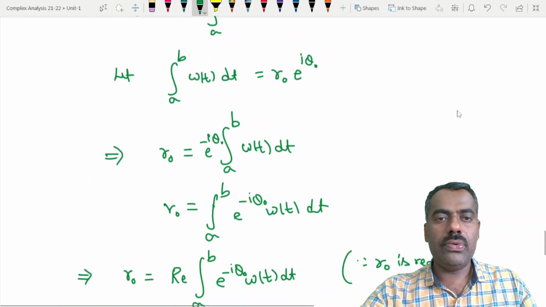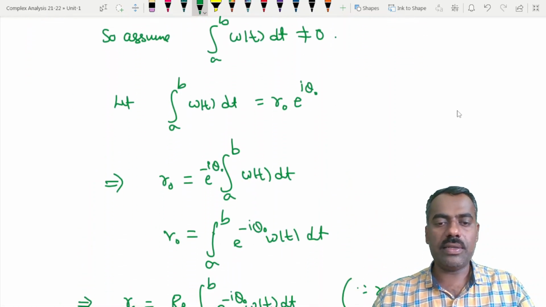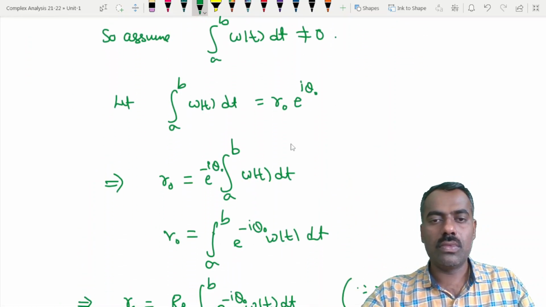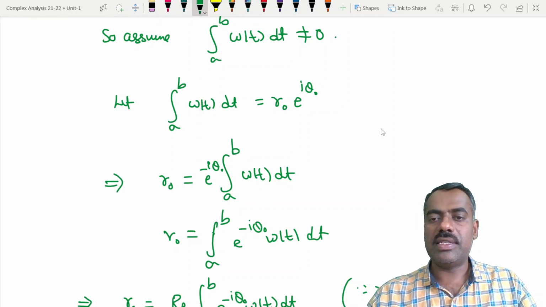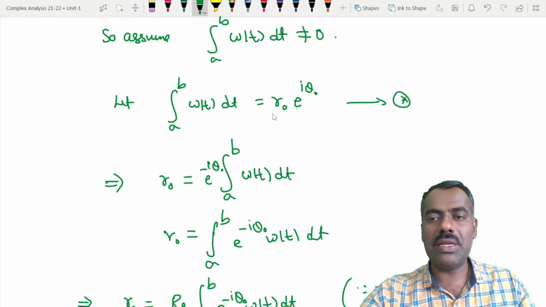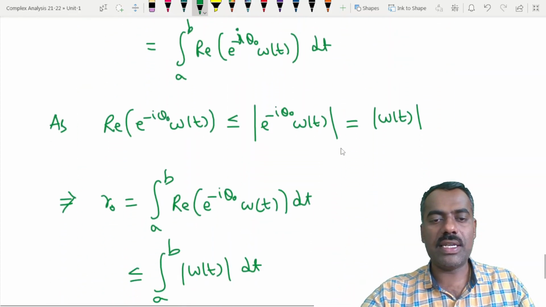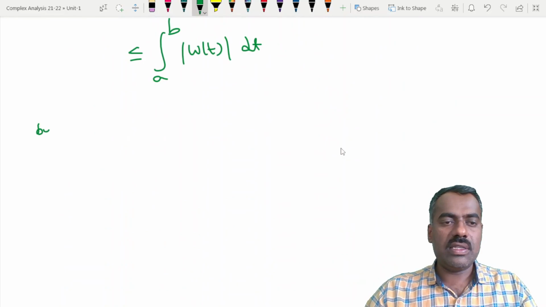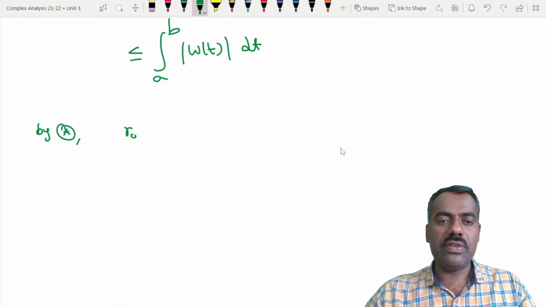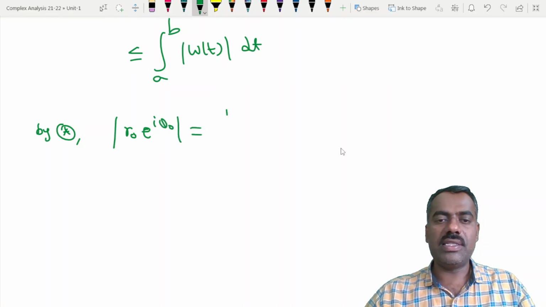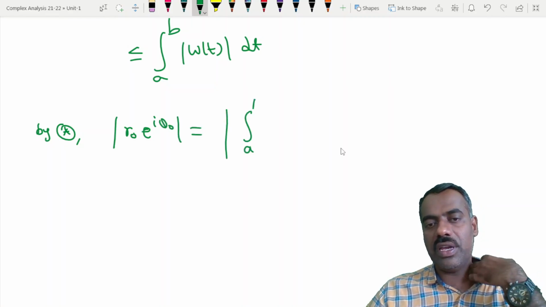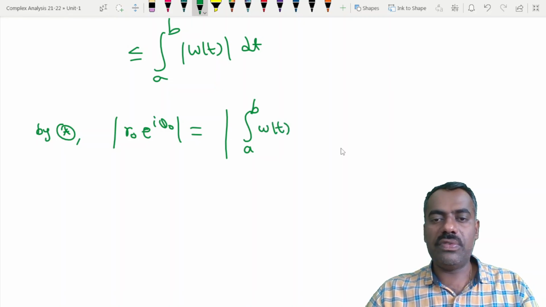Now if you call this a star, by star, if you take absolute values on both sides, the right hand side is simply r naught, and what we have on the left is the modulus. That means r naught into e power i theta naught is the absolute value of the integration from a to b of W of t dt.